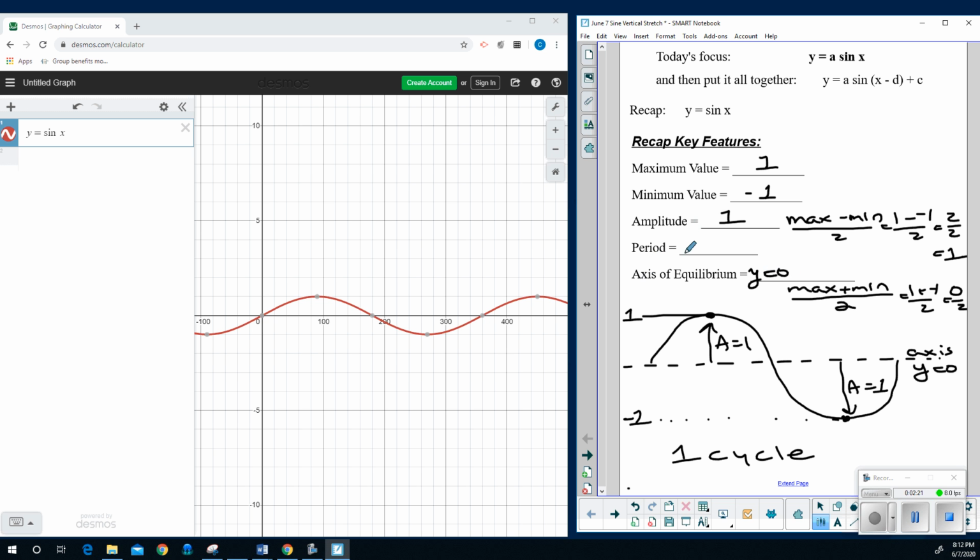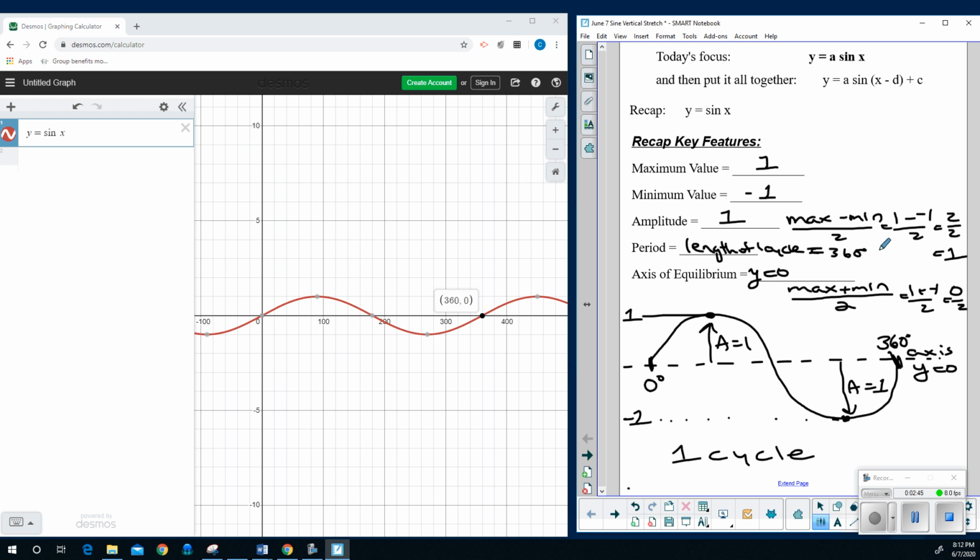Our period, remember, is the length of one cycle. Our one cycle starts at 0 degrees and it ends right here, at 360. So the length of one cycle for our sine curve is 360 degrees.